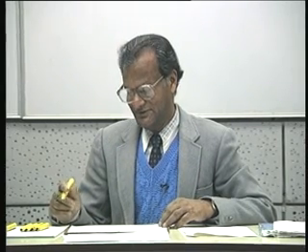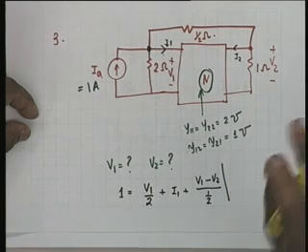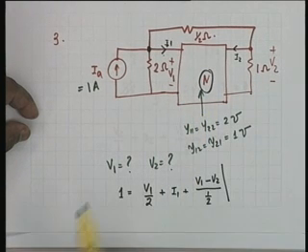So what is the way out? Shall I discard it at this point? Are you convinced that it should be discarded? Yes, because doing this simply means that we are assuming that these two are connected together, which is not correct.